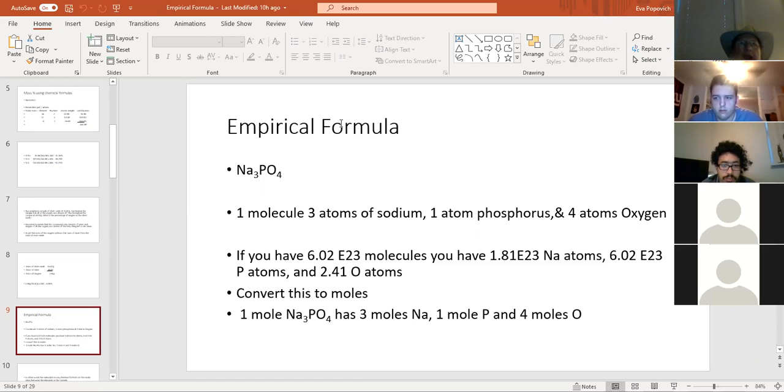An empirical formula: if we look at the subscripts within that molecule, and all the subscripts can be divided by a common whole number, then we divide by that number, and we're left with the smallest whole number ratio of atoms within the molecule. That's the empirical formula. Molecular formula has all the atoms. Empirical formula is the smallest whole number ratio of atoms within that molecule.